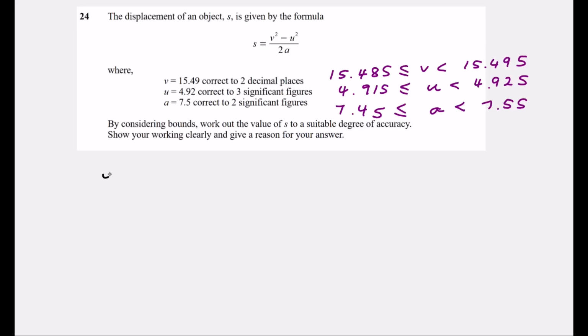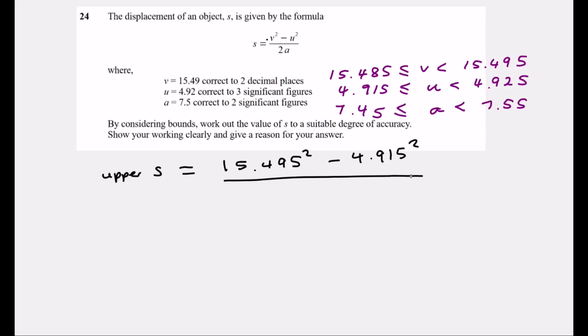So we want to get the upper bound for S. We want the biggest possible v value, 15.495 squared. To get the biggest possible answer, we want to take away the smallest number, so that's 4.915 squared.